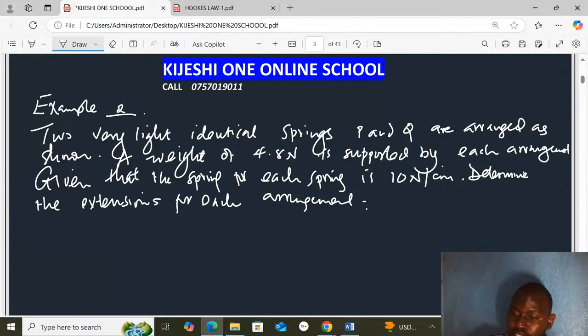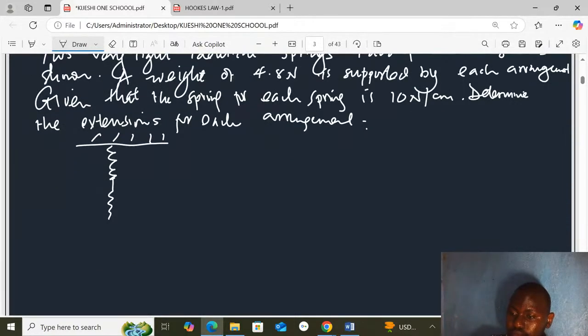The first arrangement is like this, and that is 4.8 in newtons.